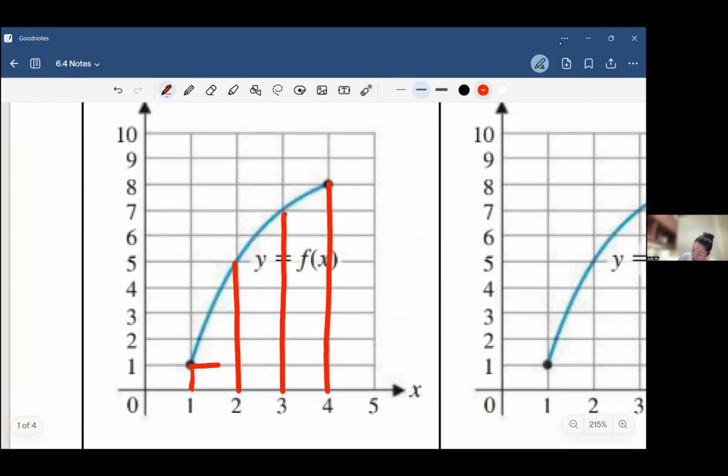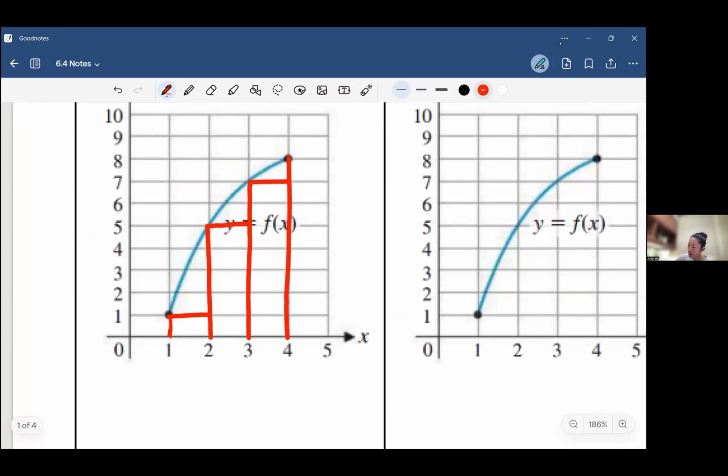And so I got a height of 1 for the first rectangle, a height of 5 for the second rectangle, a height of 7 for the third rectangle. And not being particularly fancy, because we're coming from the left-hand side, we call this a left rectangular approximation method.